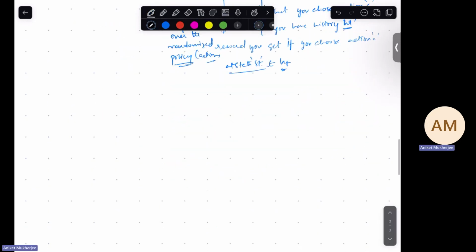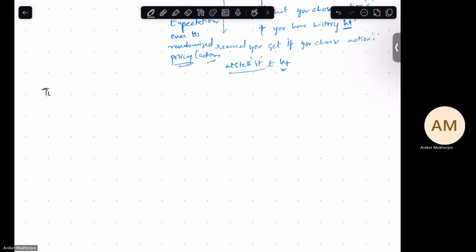So next, if you want to write the total reward, basically you'll have expectation of R_N(S_N) plus summation t equal to 0 to N minus 1 of R_t(S_t, U_t(H_t)).